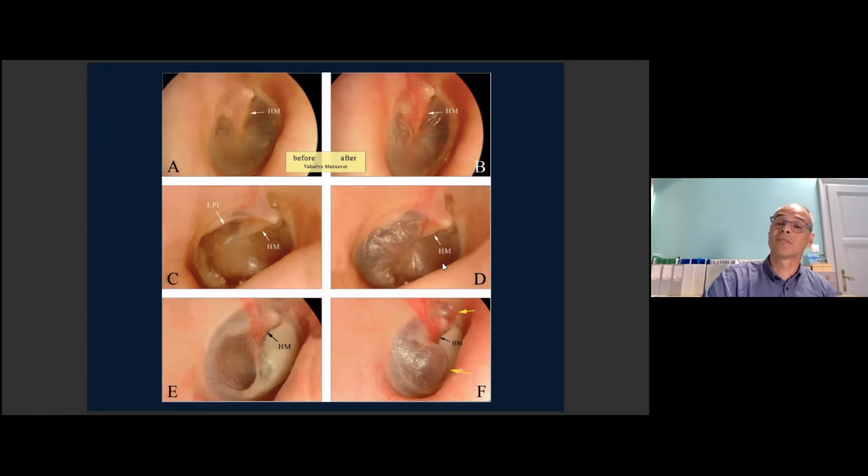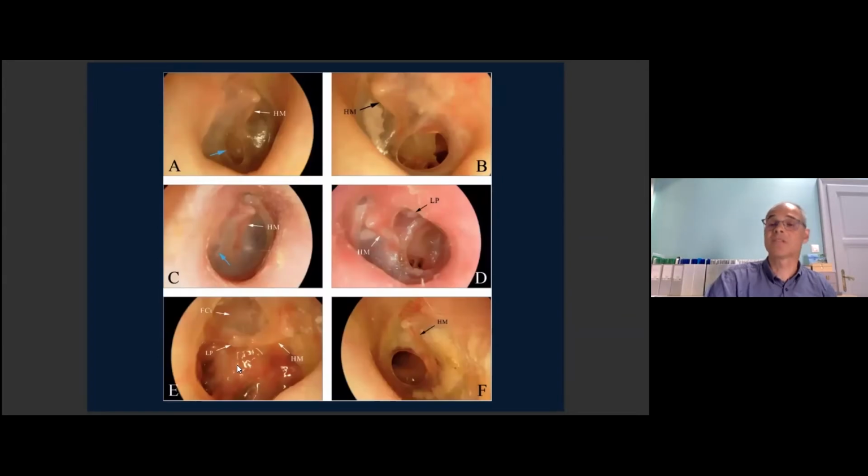This is a stronger picture, and in special cases, you can find a finger-like bulging outwards, toward the ear canal, if the tympanic membrane is very thin. So we can see here before and after the Valsalva maneuver.